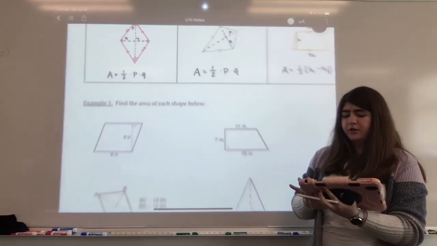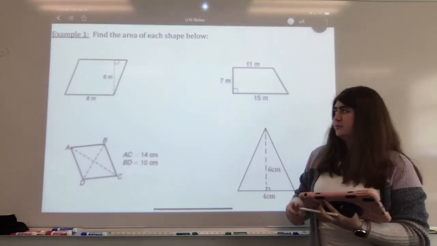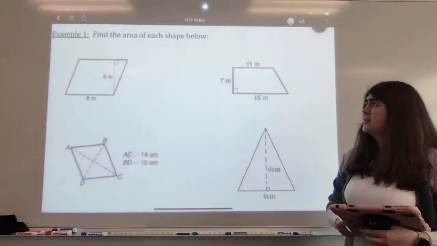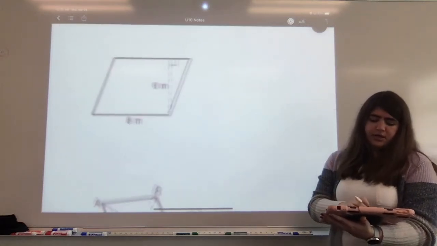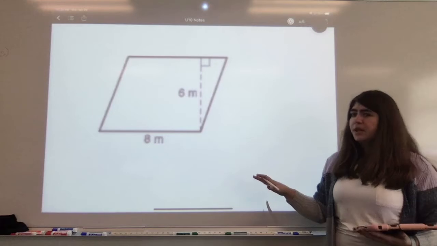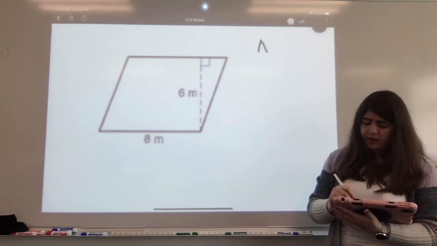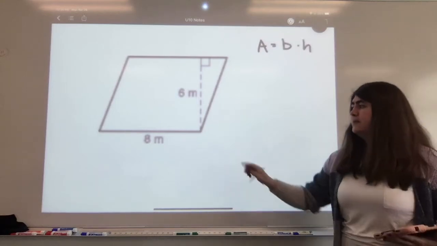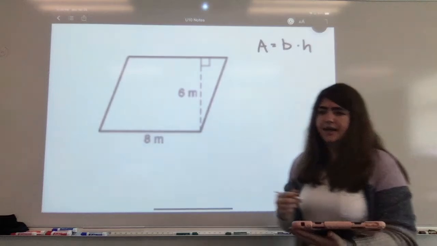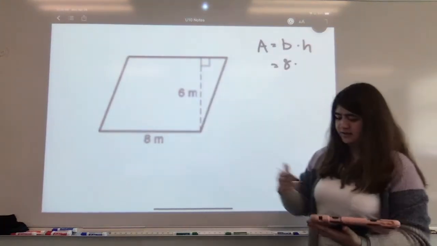So now that we've looked at all of those formulas, we are going to do a few examples. Example 1 says to find the area of each shape below. I'm going to start right here with this parallelogram. To find the area of a parallelogram, I use that formula. Area is equal to base times height, where my base is marked as 8 and my height is marked as 6.